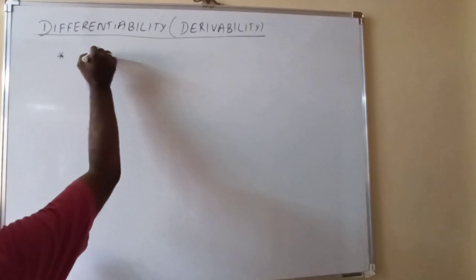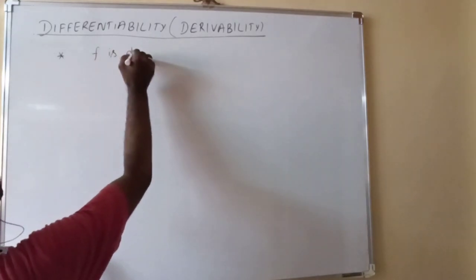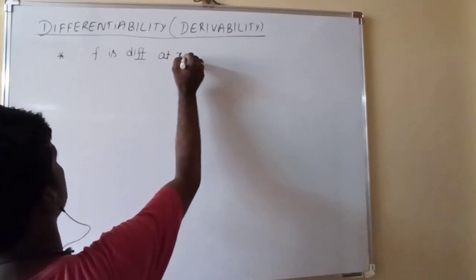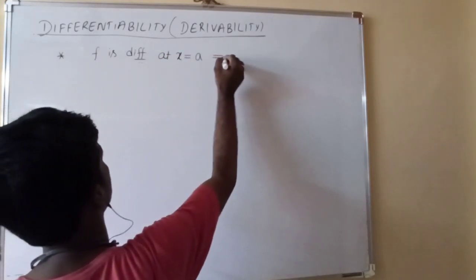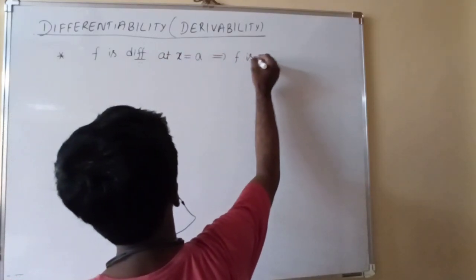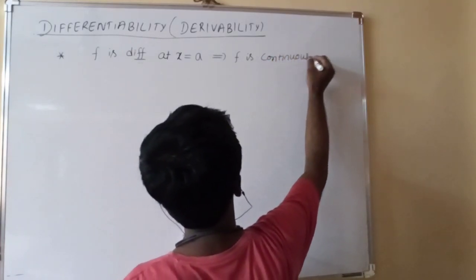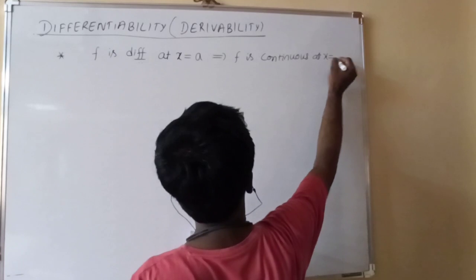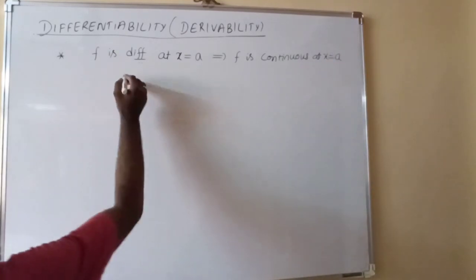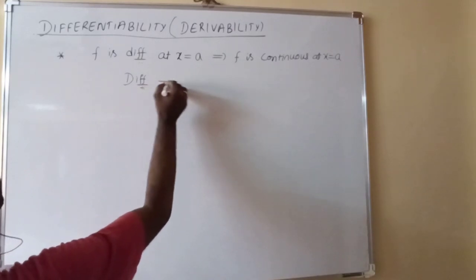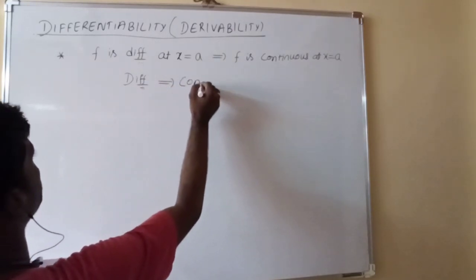If f is differentiable at x is equal to a, then this implies that f is continuous at x is equal to a. So that means differentiability implies continuity.